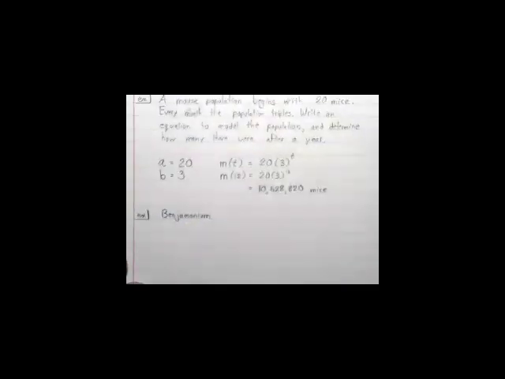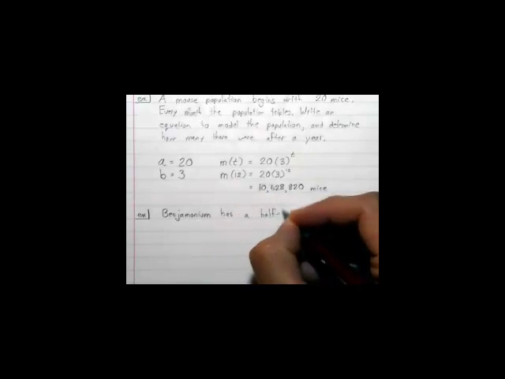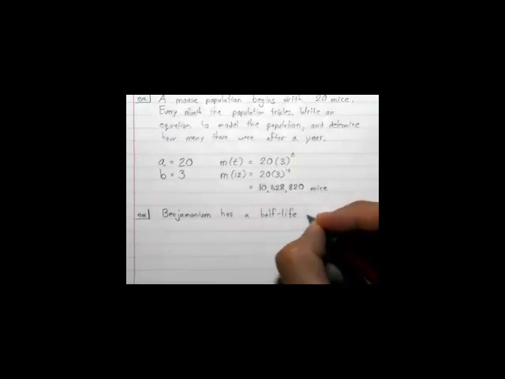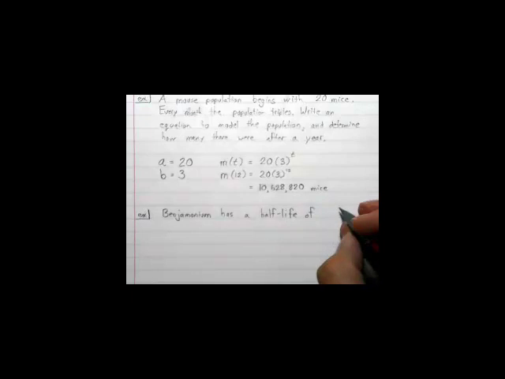I'm going to make up an element. Let's call it benjamonium. Has a half-life of 45 minutes. Okay, so let's stop there and make sure we understand that concept real quick. What does that mean?